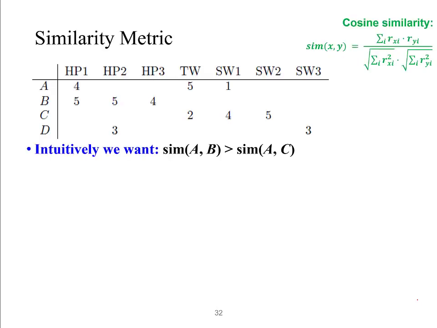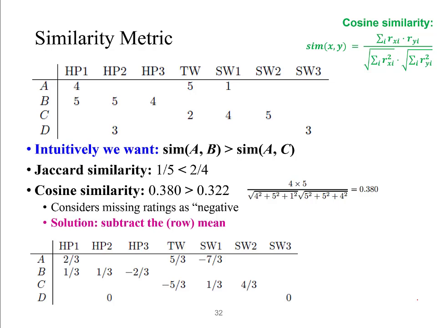Let's take a detailed look at these different similarity measures. Say these are the users, and these are the items.